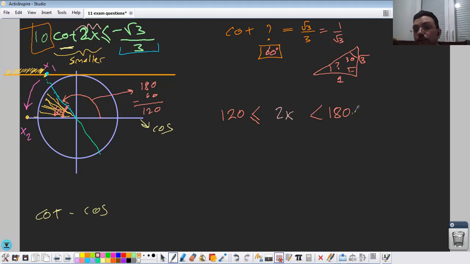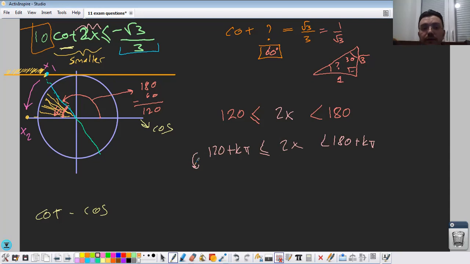Then we will divide by 2, but before we do that, we should insert this k pi. When it is tangent and cotangent, we insert plus 1 k pi. 120 plus k pi, smaller equal 2x, smaller than 180 plus k pi.